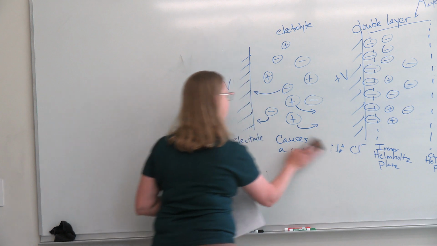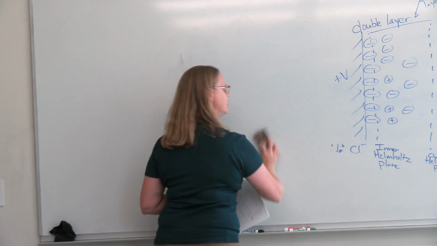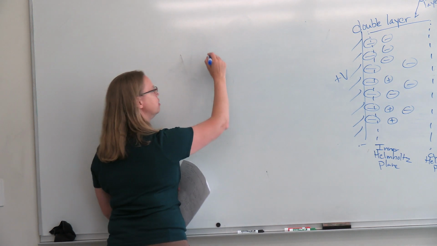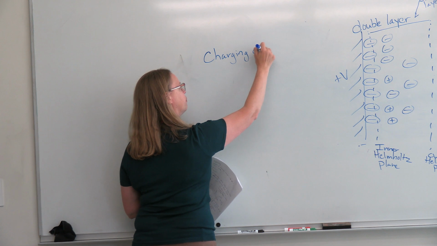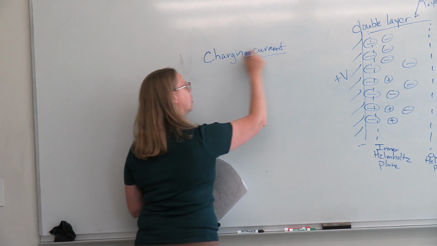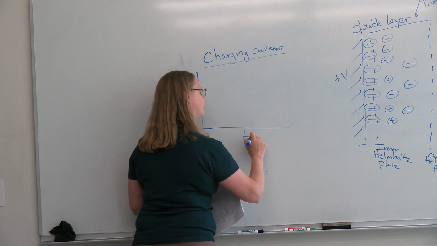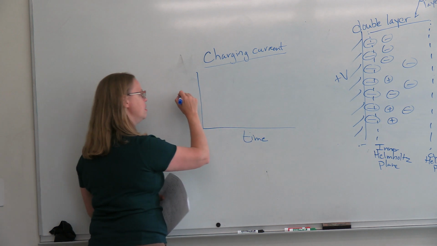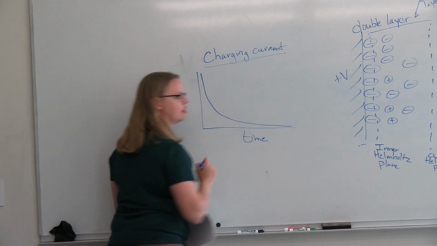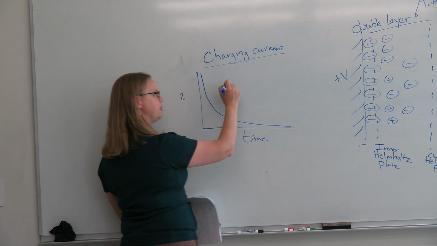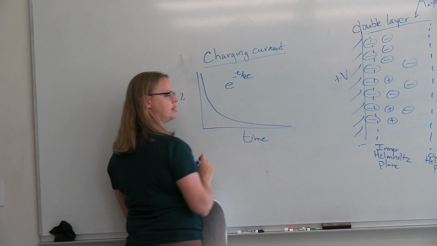And so if we want to make a graph of what this charging current looks like, the graph of charging current, this is I for current, looks like this. So it's an exponential decay, e to the minus t over RC.